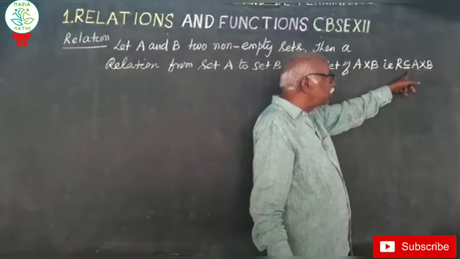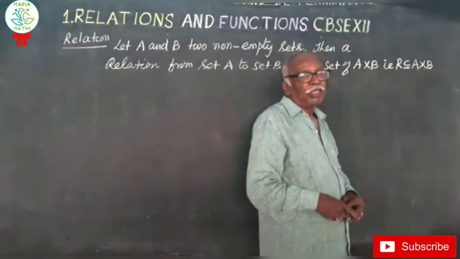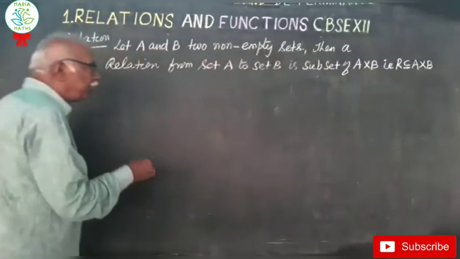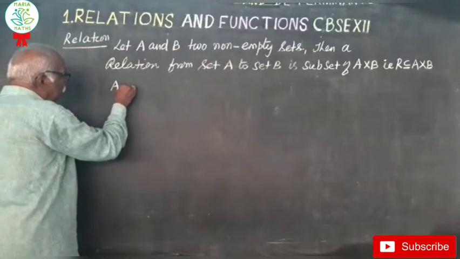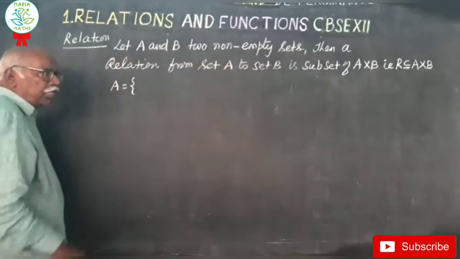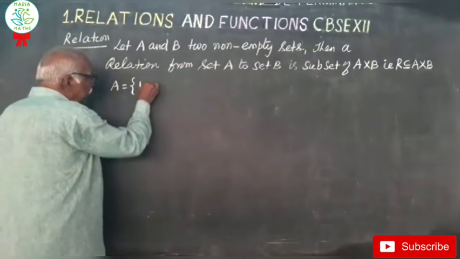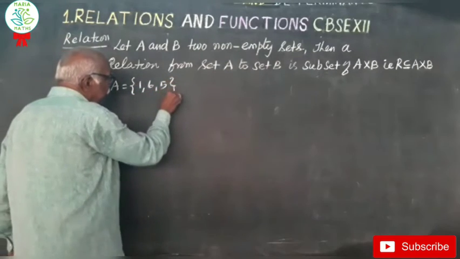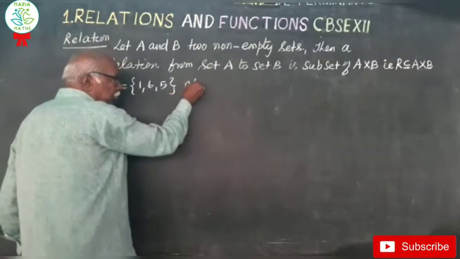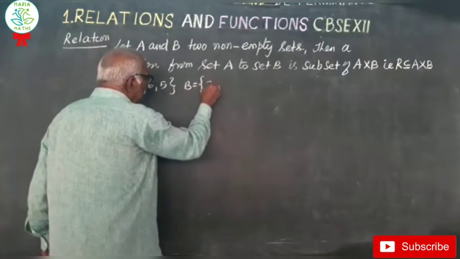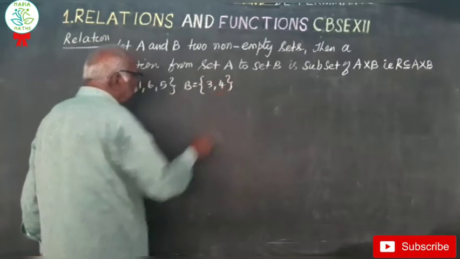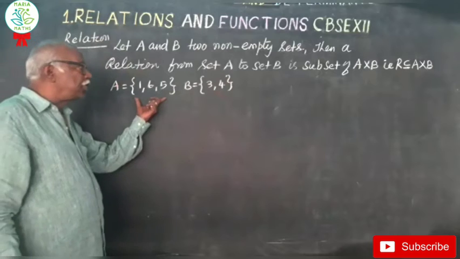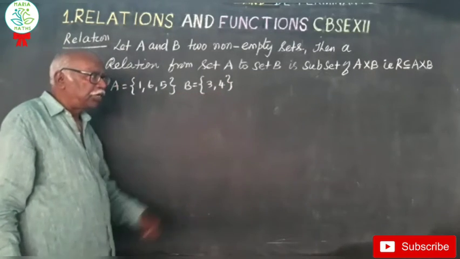R is a subset of A cross B. Example, let A equal to {1, 6, 5}, B equal to {3, 4}. A is a non-empty set {1, 6, 5}. B is a non-empty set {3, 4}.